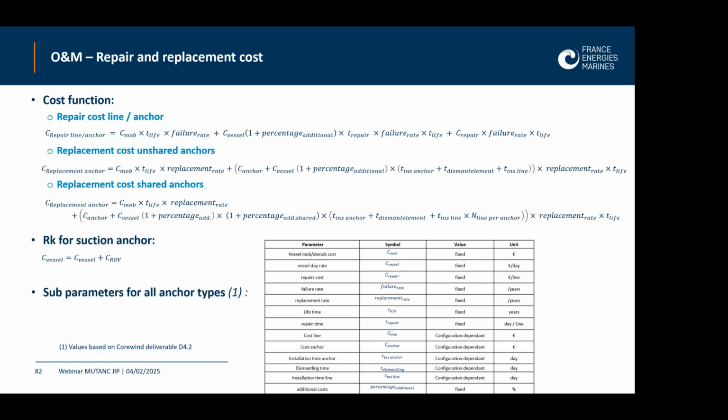So the replacement cost will be anchor type dependent, and also dependent on the number of anchors. And for the shared anchor, it will be the same formula, except that there will be, as for the installation cost, an additional percentage that is added for the vessel installation based on the difficulty to install shared anchors.